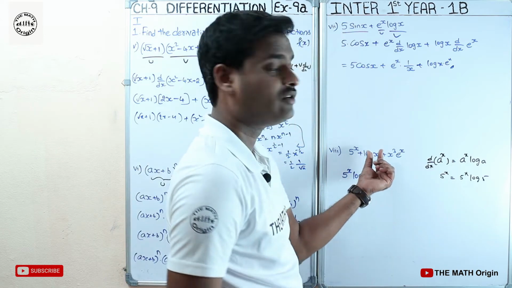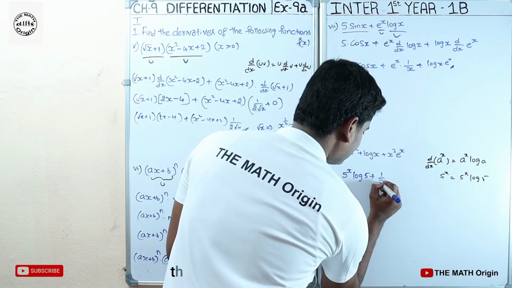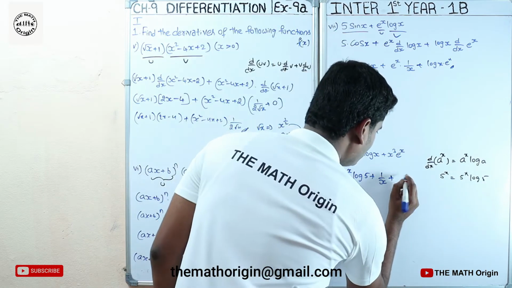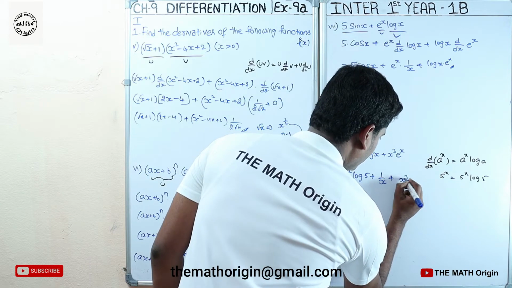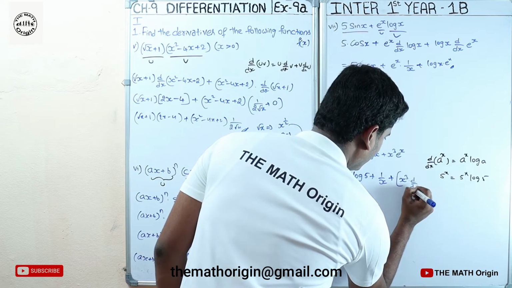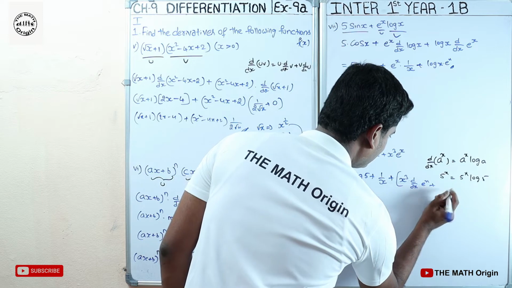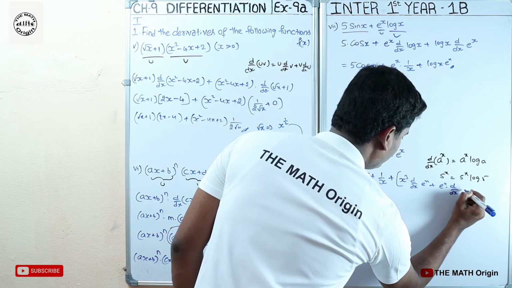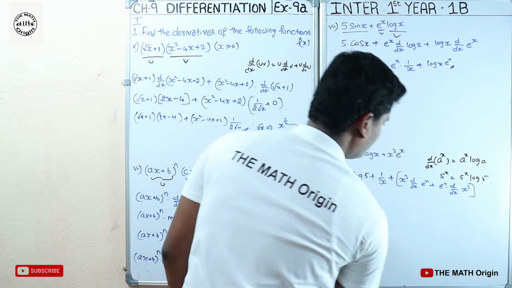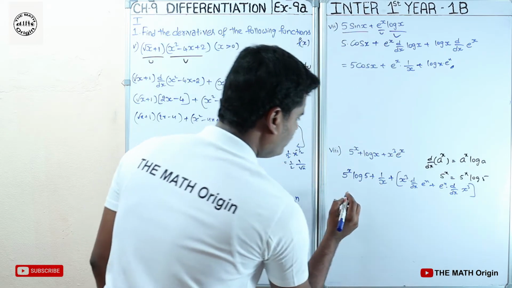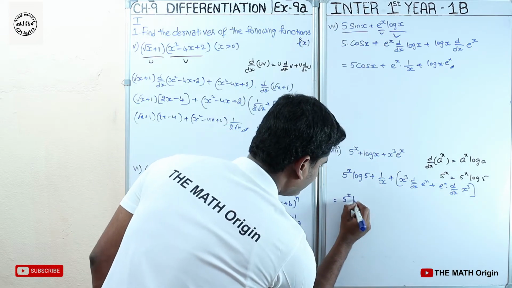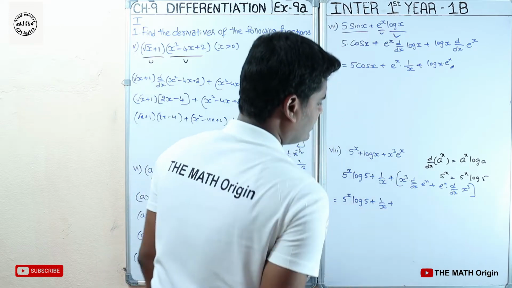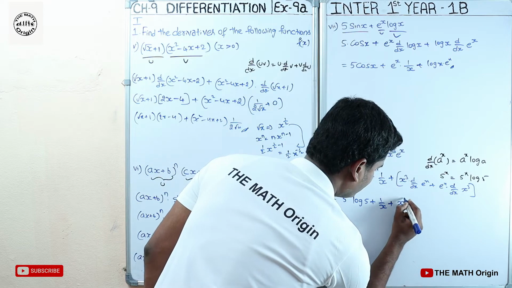Plus d by dx of log x is 1 by x, plus d by dx of uv. So let's apply the uv formula: u into d by dx of e power x plus e power x into d by dx of u, which is x cube.